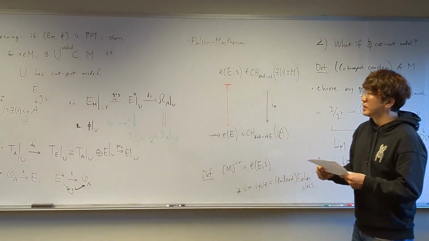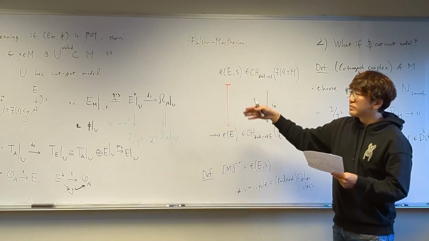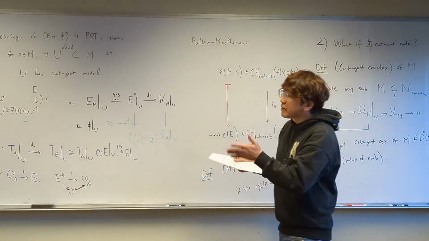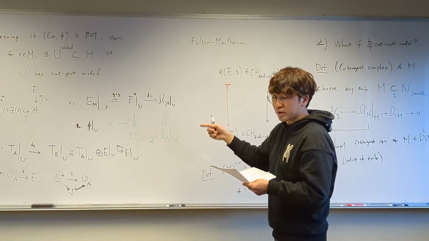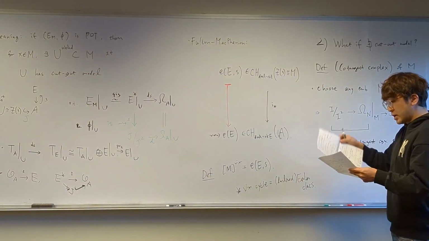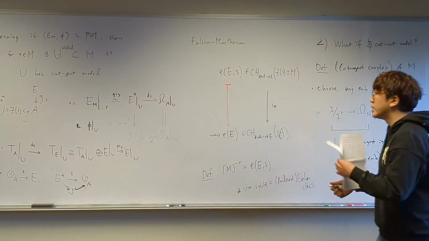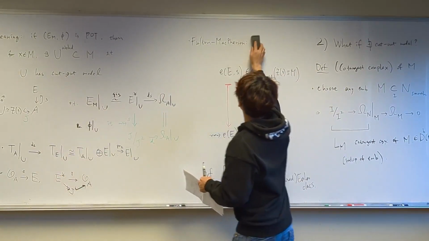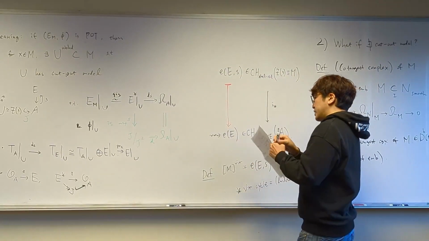Any question on the meaning of this perfect obstruction theory? So let me say, if we have a perfect obstruction theory, then we can say locally we have a local cut-out model.